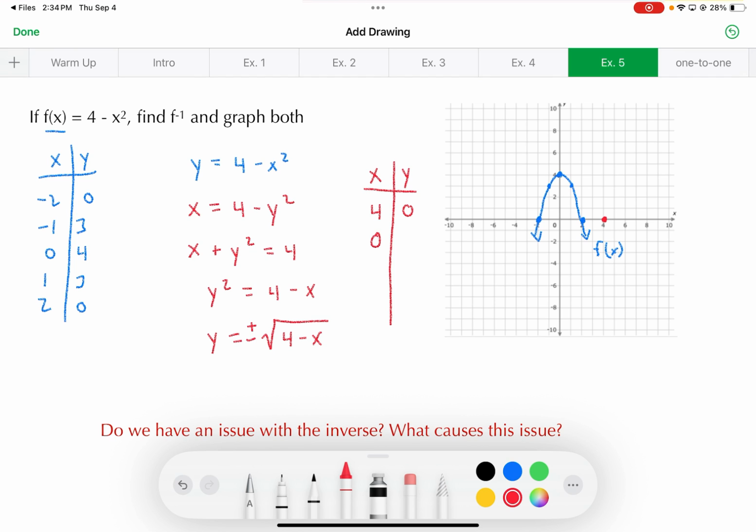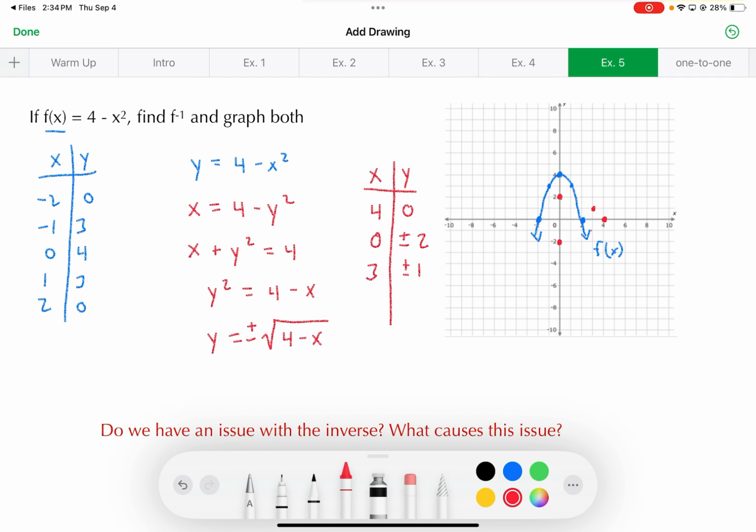Square root of that is going to be 2 or -2, right? So I'm going to have 0, 2, and 0, -2. Okay, 3 would have been another good choice. That's going to give me plus or minus 1.